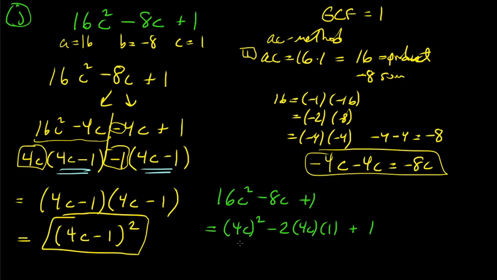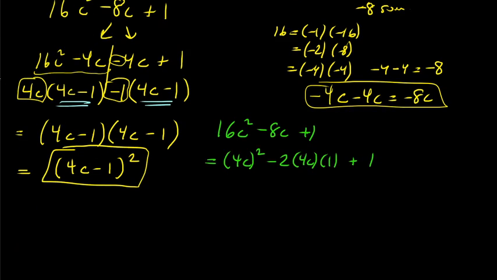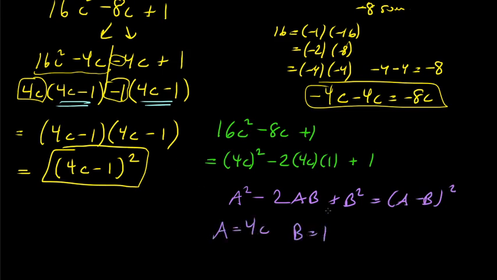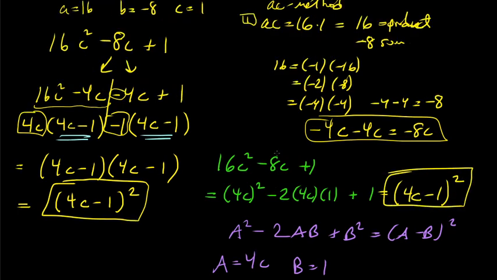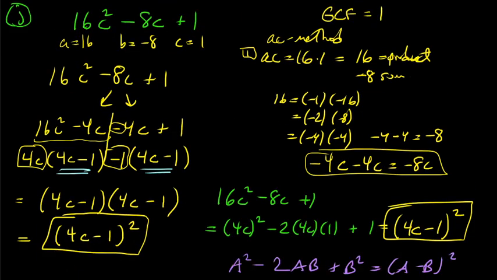So this is nothing more than a squared minus 2ab plus b squared, which factors as a minus b squared, where in this case a is 4 times c and b is just 1. So if you notice that pattern here, this is just 4c minus 1 squared. Right. So that would have gotten the answer a little bit faster, but the AC method works just as well. It just takes a little longer.